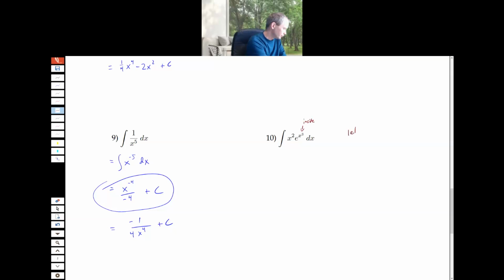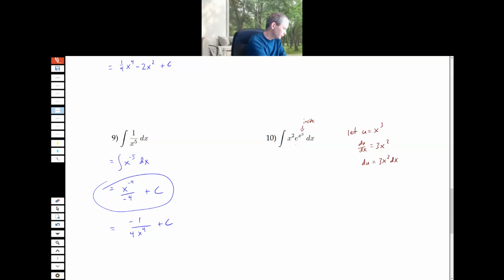So I'm going to let u equal x cubed. And then we always need to figure out what the differential is. So when I differentiate this, du dx is 3x squared. Okay, I split the du and the dx up, so I multiply both sides by dx. So du is 3x squared dx.